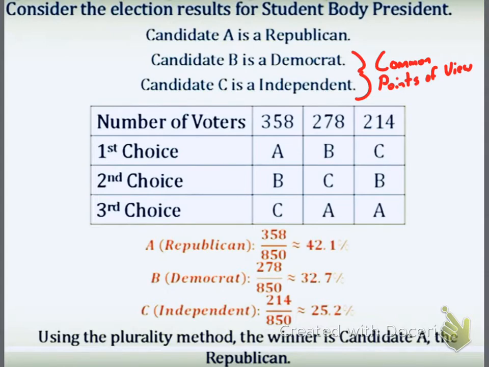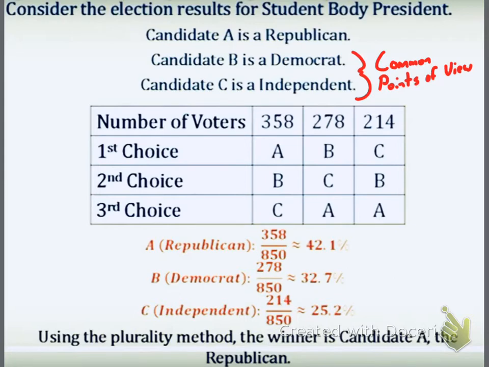So some voters in the independent column may choose to vote for the Democrat just so the Republican doesn't win. That's what insincere voting means. If they really like the independent candidate, but really don't want the Republican to win, then maybe they'll vote for the Democrat instead.